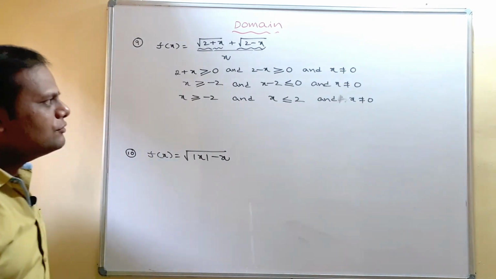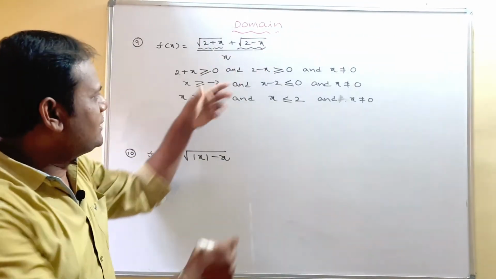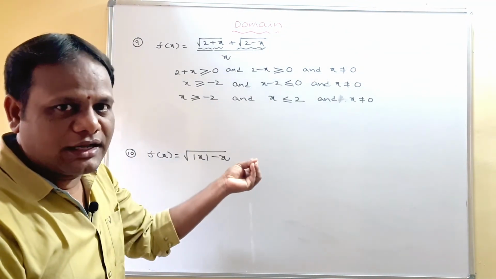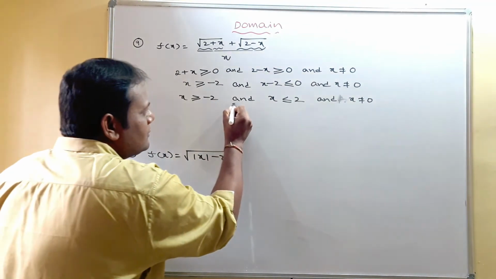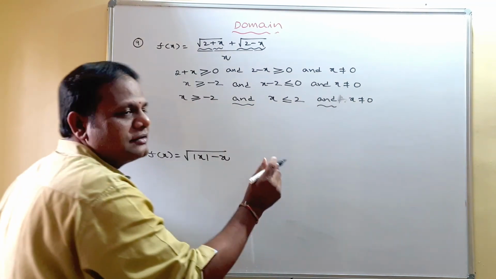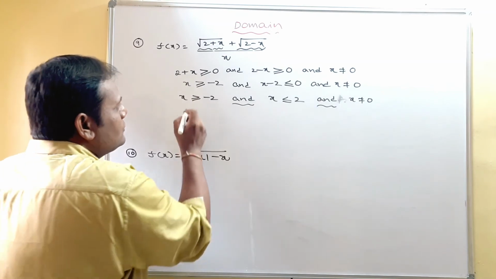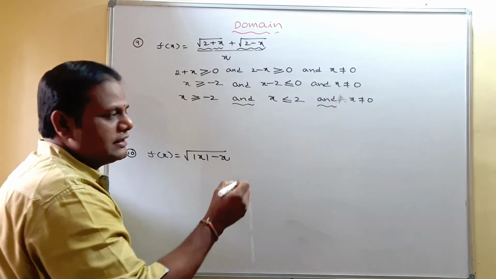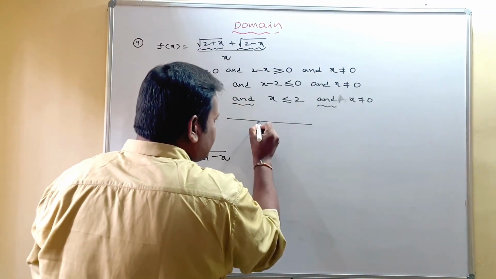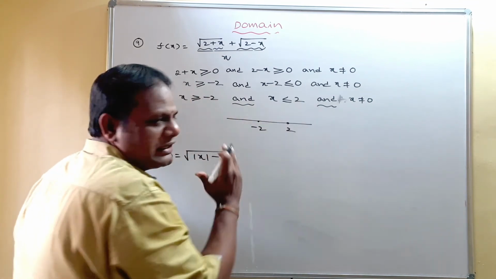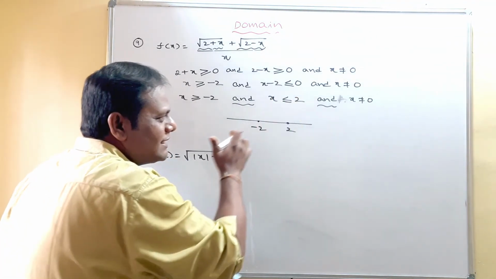Right. Now this function is defined for these values of x. You have to give the final answer. So here between them we have 'and', so we have to find the common part. So you tell now, x greater than or equal to minus 2, but less than or equal to 2.